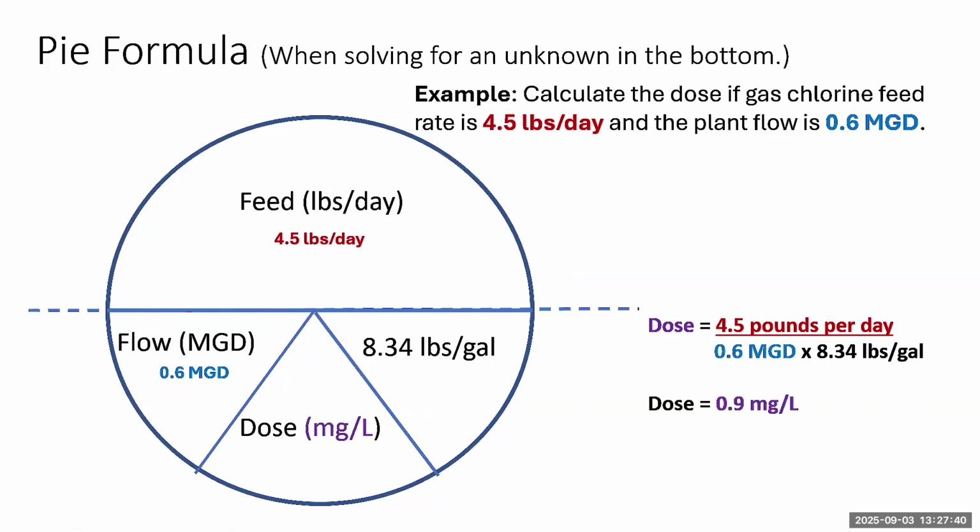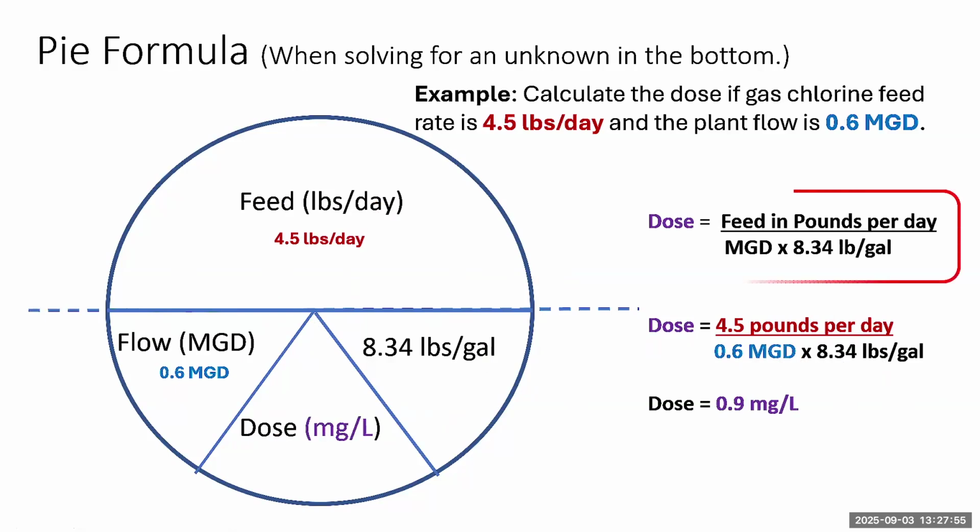So in this case, it works out to what we expected, a dose of 0.9 parts per million. And we had manipulated our pounds equation to come up with that dose equation previously.